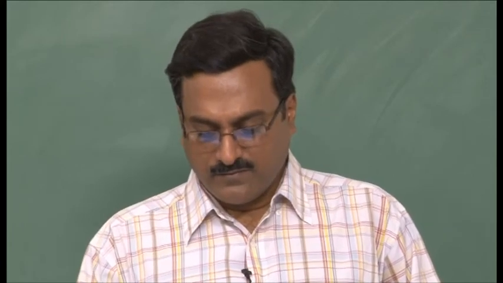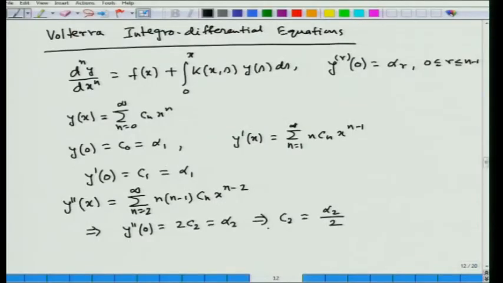That means we can either find a recurrence formula, or we can calculate the first few constants apart from C_0, C_1 up to C_n, and find a power series solution for this kind of Volterra integro-differential equation.